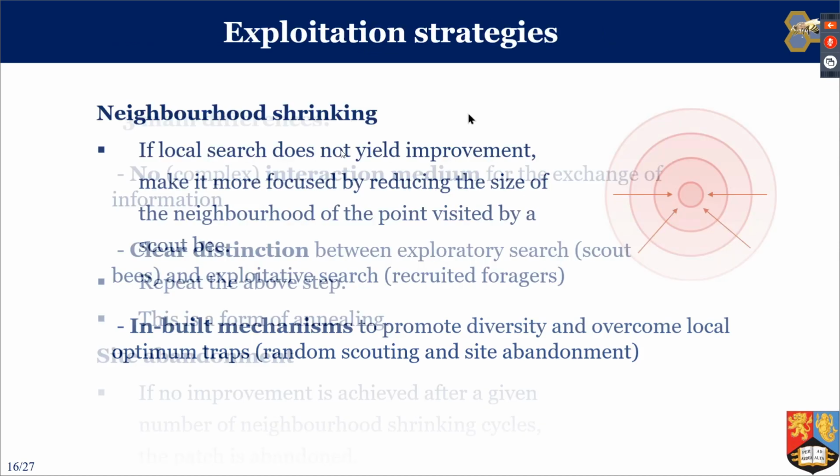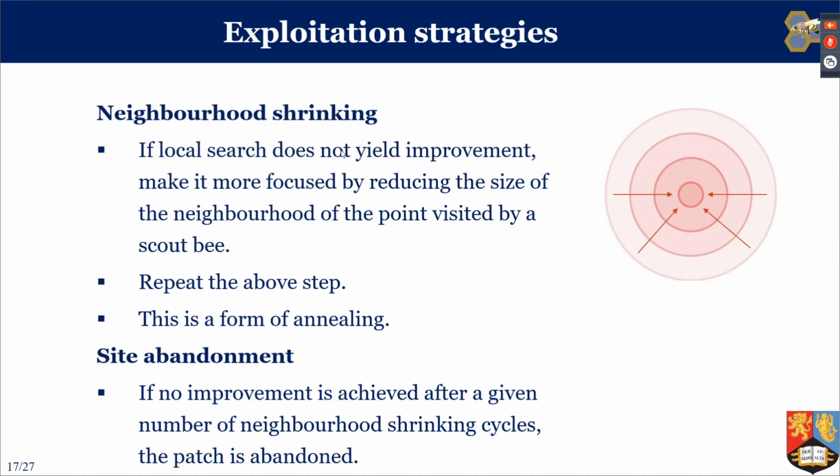There are other exploitation strategies that can be implemented with the bees algorithm. Here are 2 of them. One is the neighborhood shrinking strategy. So you saw in a previous slide, we built a circular neighborhood around a site that is found. Now, we send the bees, the foragers, to this neighborhood to look for new food.